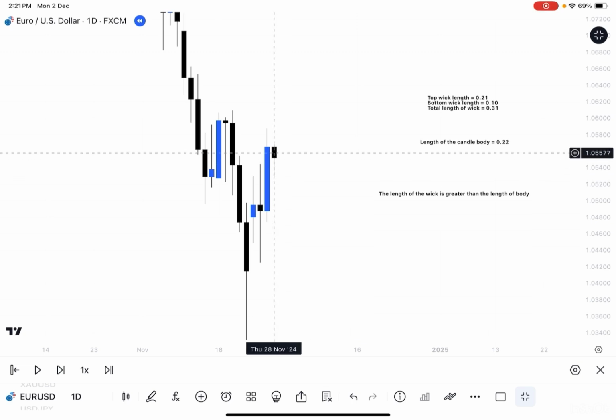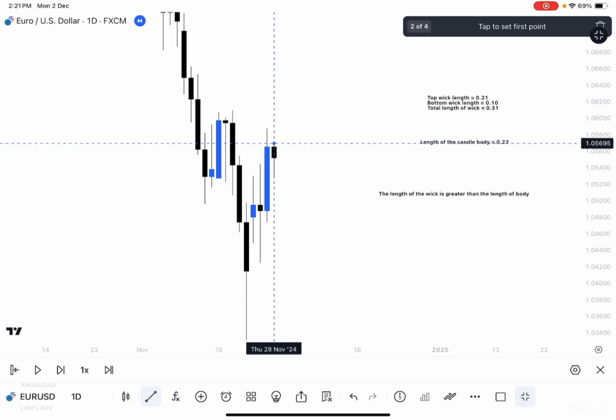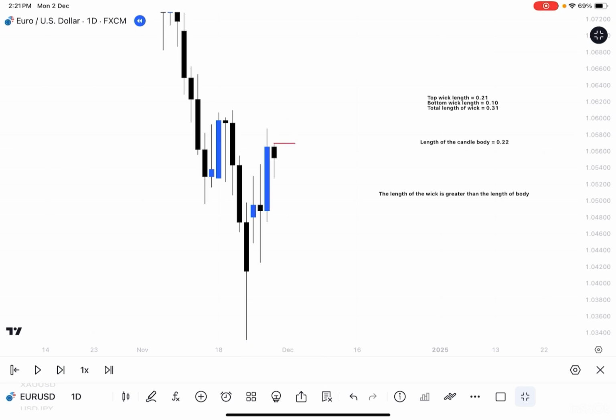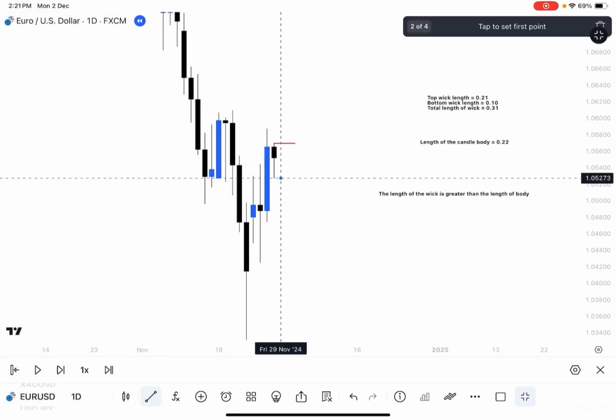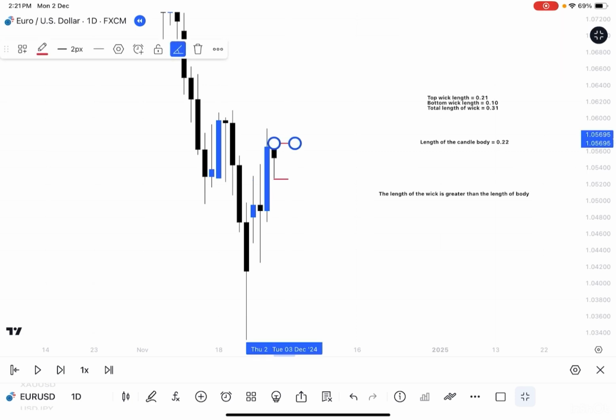So now we can choose for this candle. For that, first I will mark the highs and lows of this candle, which we are going to choose. For this particular candle, we are going to check whether it is a CRT candle or not.